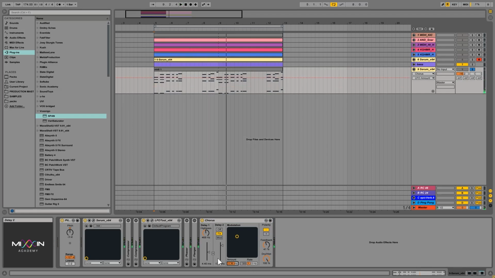Now this delay can be fixed to this one, of course, and can be modulated, of course. And it can be turned off. The second delay, of course, can be turned off. Now we have only the first one.